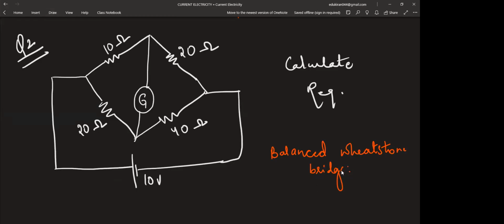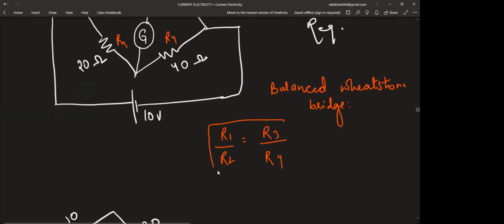Basically, you check. This is R1, R2, R3, R4. So you have to check whether R1 by R2 is equal to R3 by R4. If you see this condition is being satisfied, then we say it's balanced.